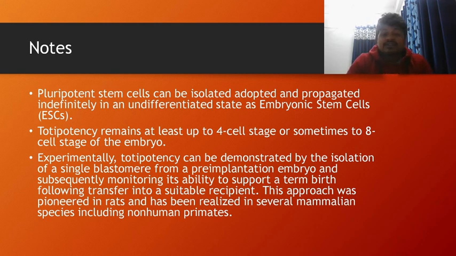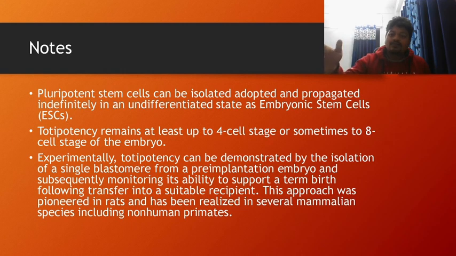And totipotency, how long it actually stays in the developmental process: this totipotency in stem cells is only up to the 4 cell stage, sometimes the 8 cell stage of the embryo. The zygote is the 1 cell stage. The zygote starts to divide, it will produce two cells, and with one more division, that will produce 4 cells.